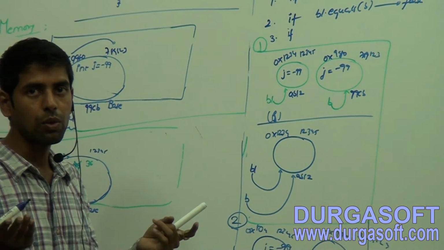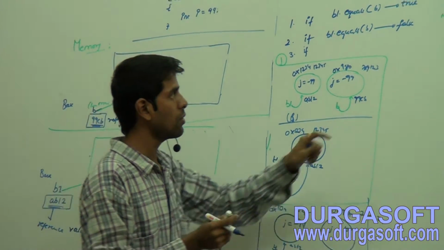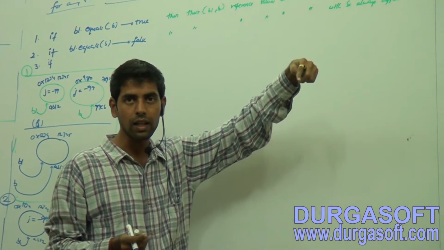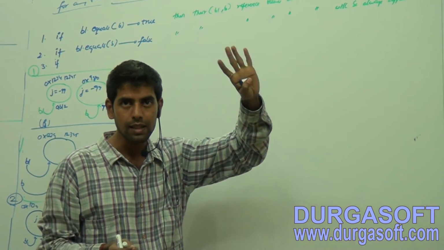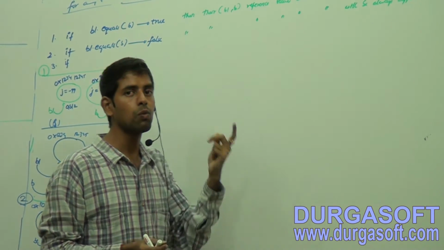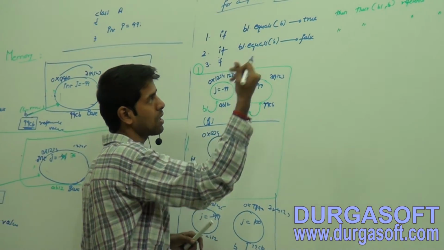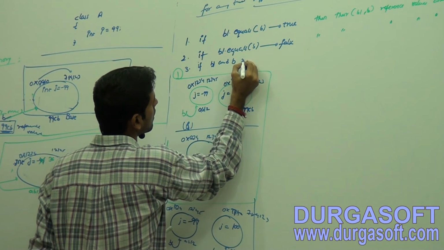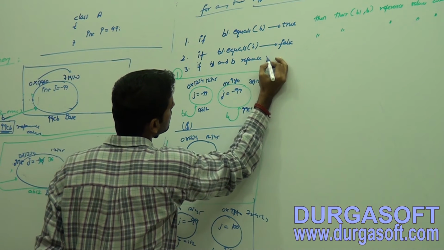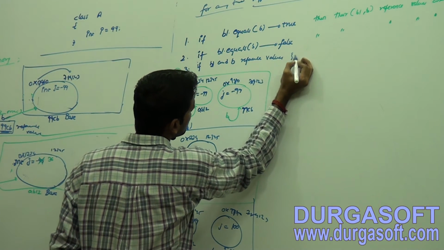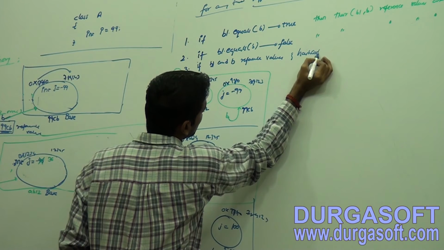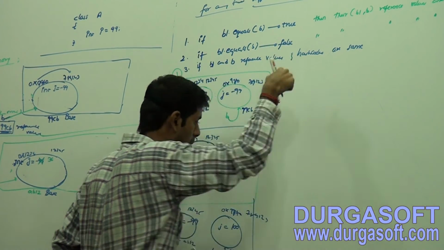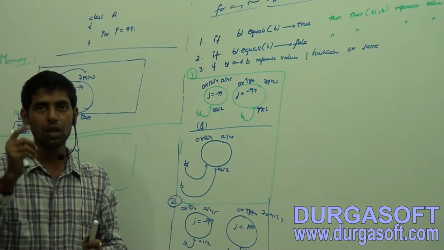Now come on, do it in the reverse combination. If the reference values and hash codes are the same or equal, then what happens to the equals method? If b1 and b reference values and hash codes are the same, observe here, we have only one scenario.